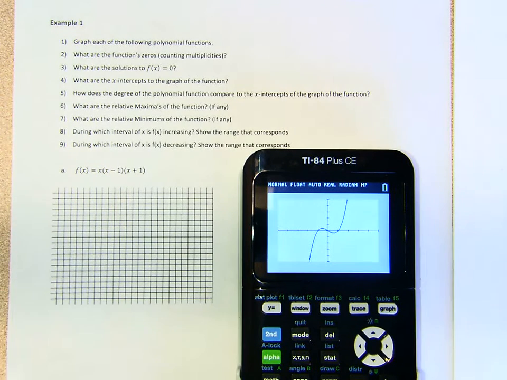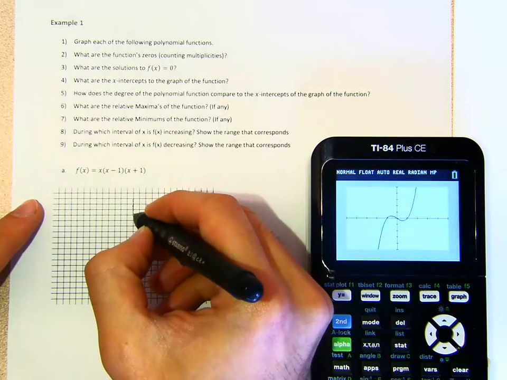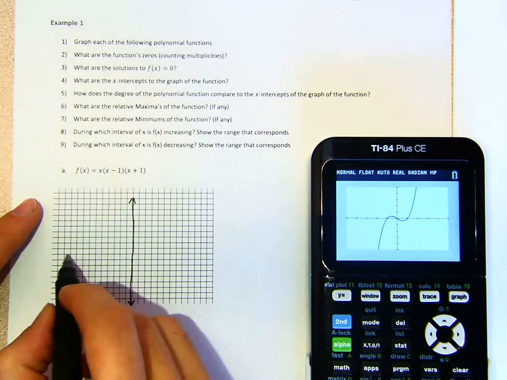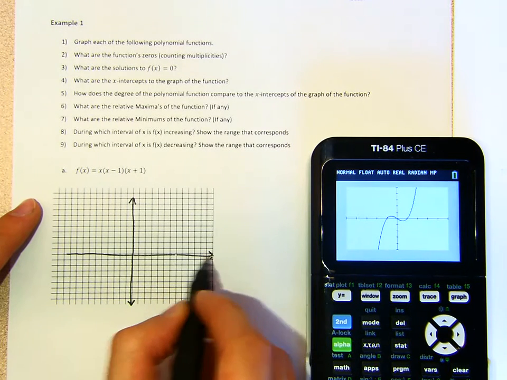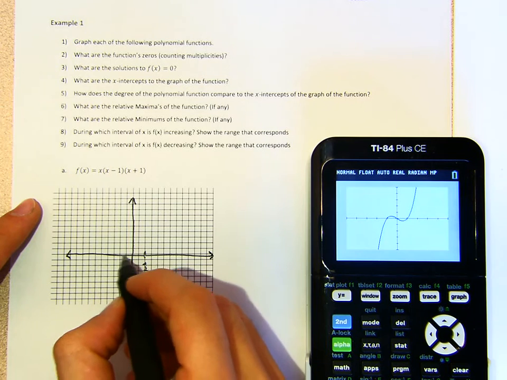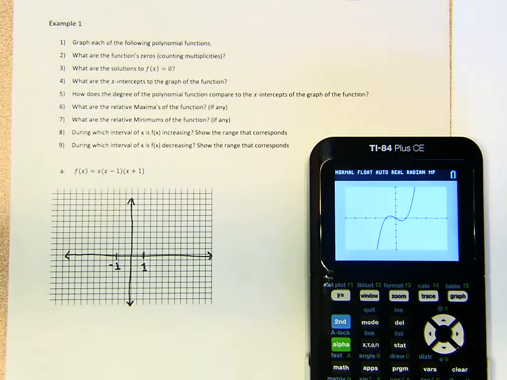So all we need to do is, let's just graph this over here. If this is my y-axis, and here this is my x-axis, and then bam, let's make this 1, right? And let's make this -1, okay? And then how should our graph look like?